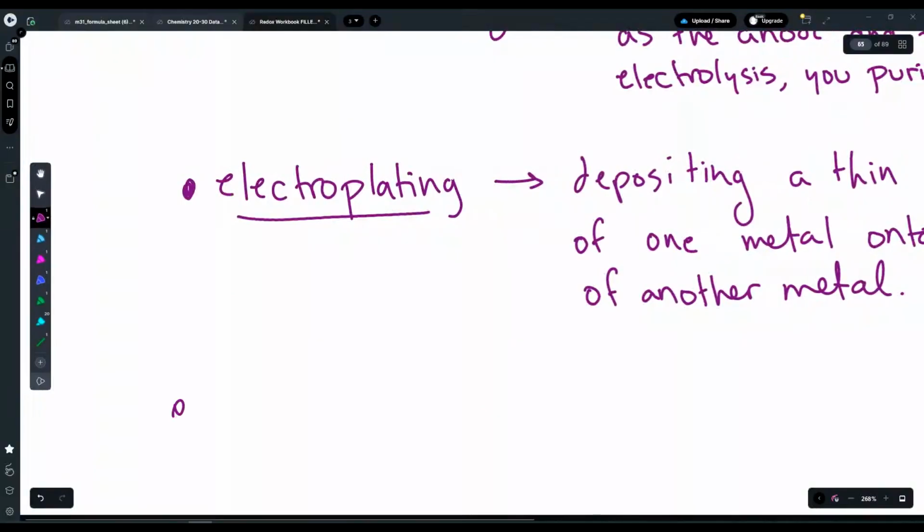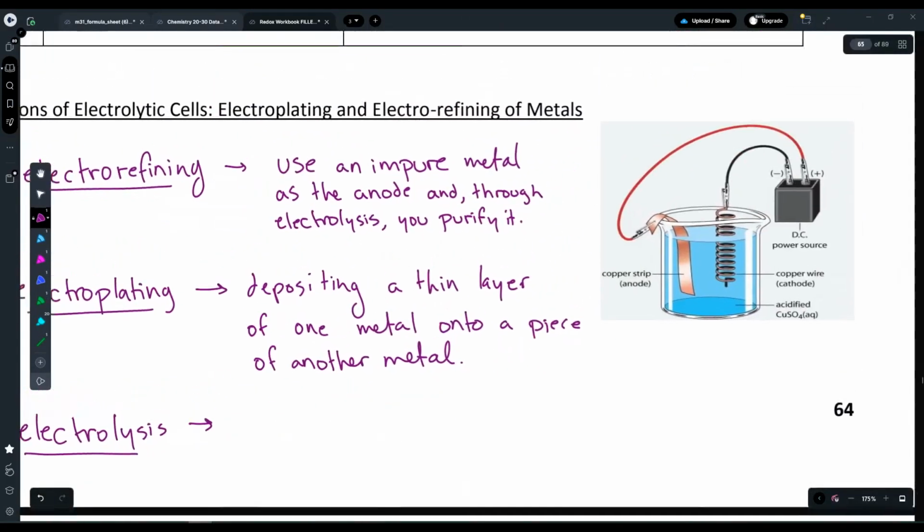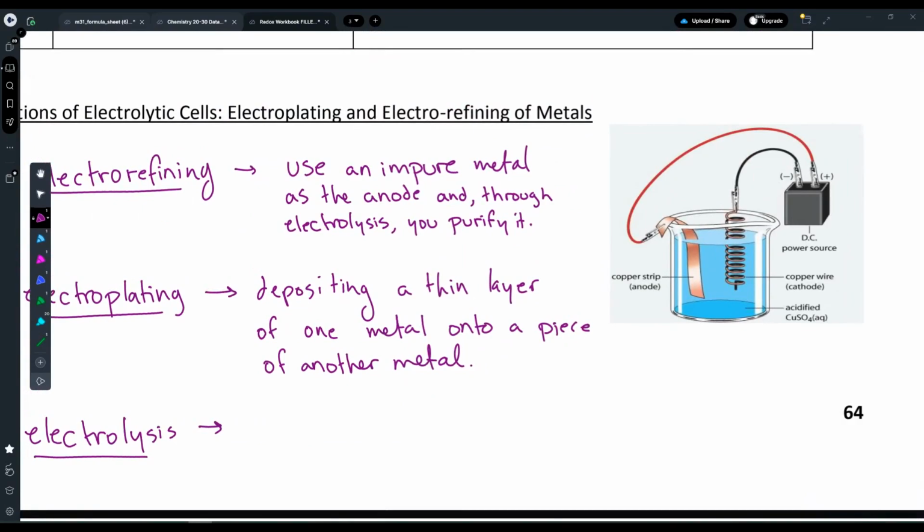And then last but not least, electrolysis is just the general name for the reaction that is being completed in these non-spontaneous reactions where we have to use a power source in order to force the reaction to go.